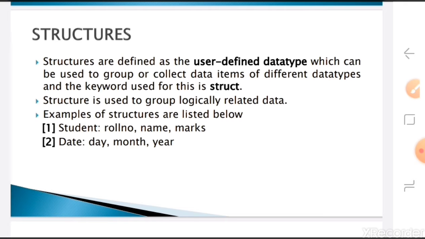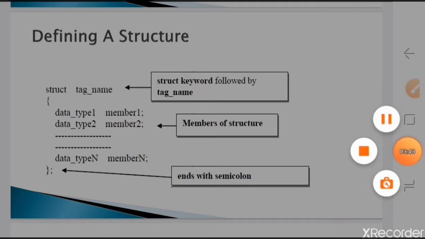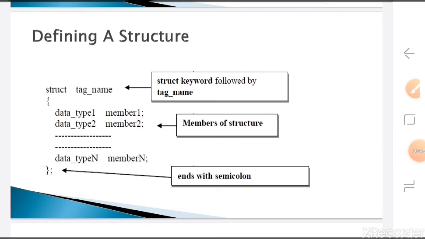Okay, so let's see how to define that structure. While defining the structure, first, this is our own data type that we are creating, so we have to tell the system that this is my own data type that I am going to create. It contains four main things.